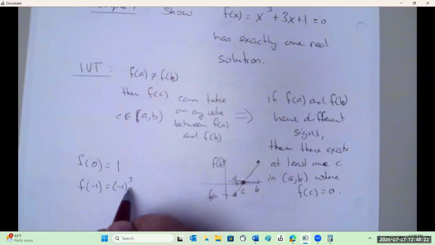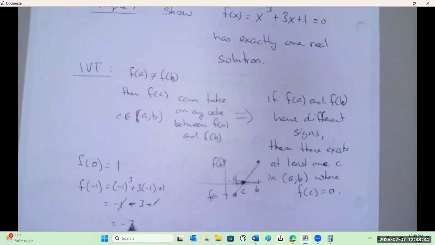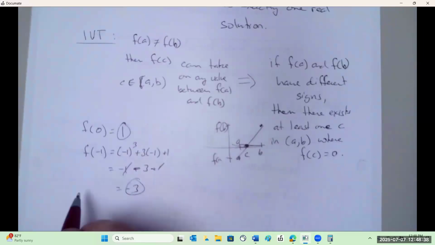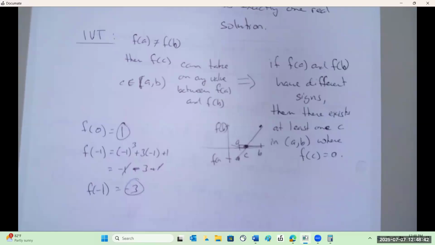Negative 1 minus 3 plus 1, so we get negative 3. So now we have two different values. That means there has to be an x-intercept, at least one x-intercept between 0 and negative 1.